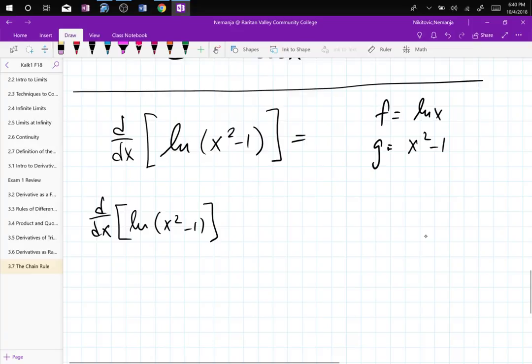So what do we do? Well, the derivative of ln. Oh, we didn't cover the derivative of ln. How about getting a little bit ahead, huh? Just because we can. It's going to be 1 over x squared minus 1, and then the chain rule kicks in, and it's 2x on top because that's the derivative of the inside.